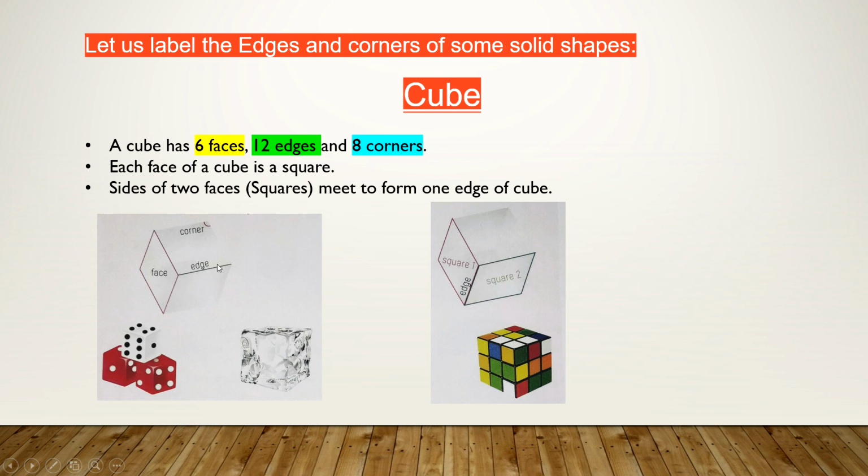So where these edges meet, it forms a corner. Okay, so now we are aware of the cube. It has 6 faces, 12 edges and 8 corners, and each face of a cube is a square, and where two square faces meet, it forms an edge of the cube.